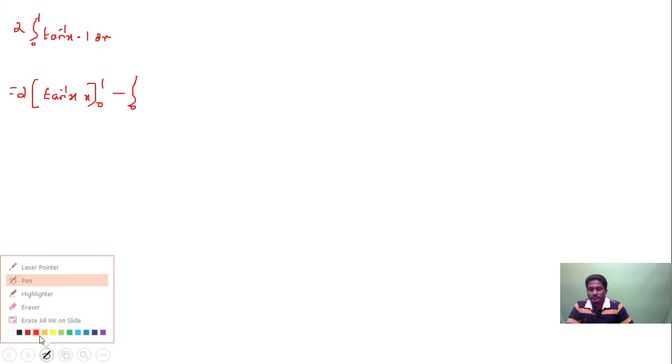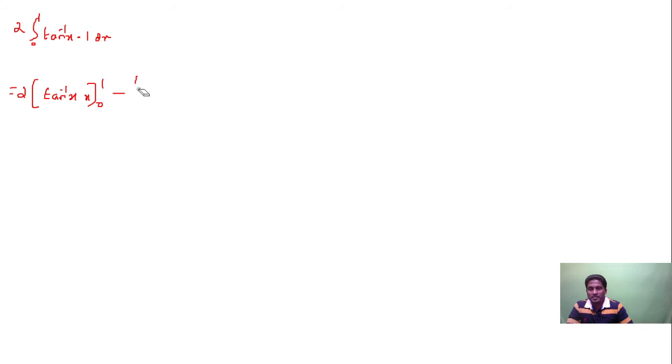Let me find the value of this. 2 times integral 0 to 1 tan inverse of x can be written as tan inverse of x into 1, and by parts. First function is tan inverse of x. Integration of second is x, minus integral of second will be equal to x, differentiation of tan inverse of x is 1 by 1 plus x square dx.